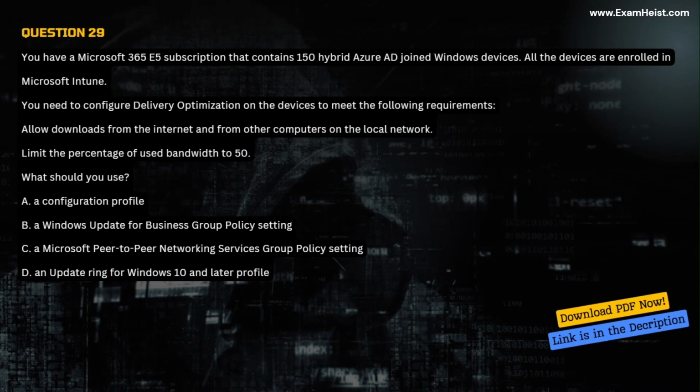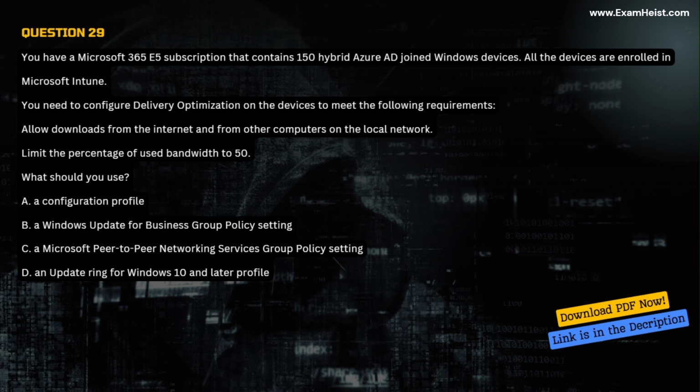Question 29. You have a Microsoft 365 E5 subscription that contains 150 hybrid Azure AD joined Windows devices. All the devices are enrolled in Microsoft Intune. You need to configure delivery optimization on the devices to meet the following requirements. Allow downloads from the Internet and from other computers on the local network.